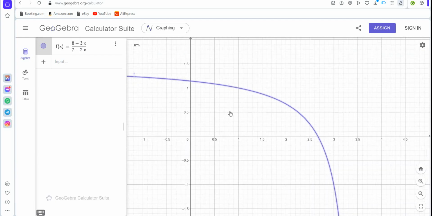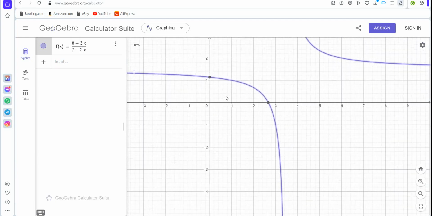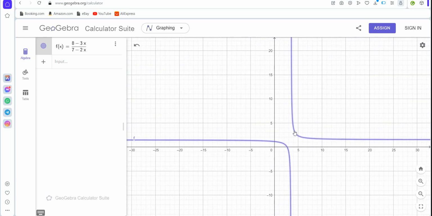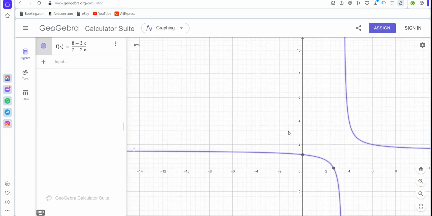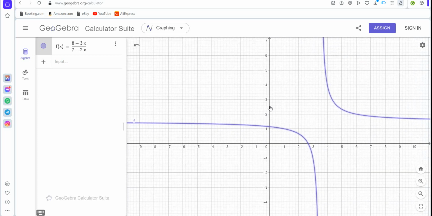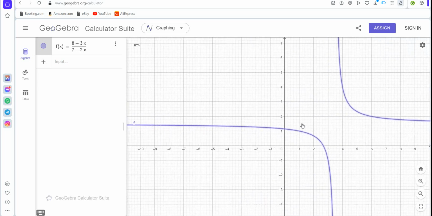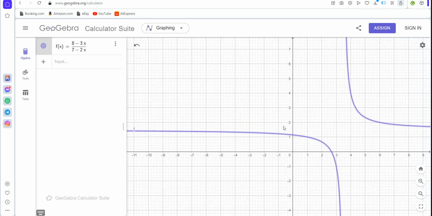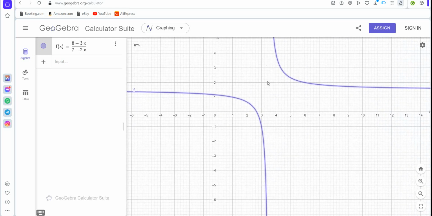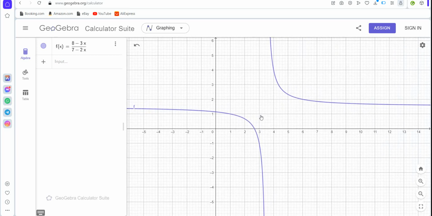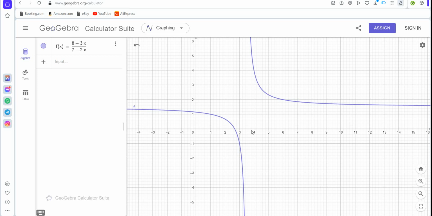Enter. As you see here, the horizontal asymptote is between 1 and 2, so it's 1.5, and the vertical asymptote is between 3 and 4.